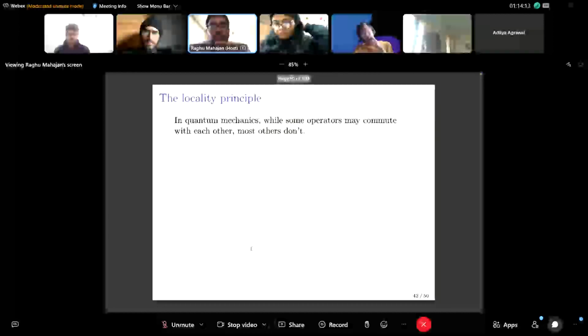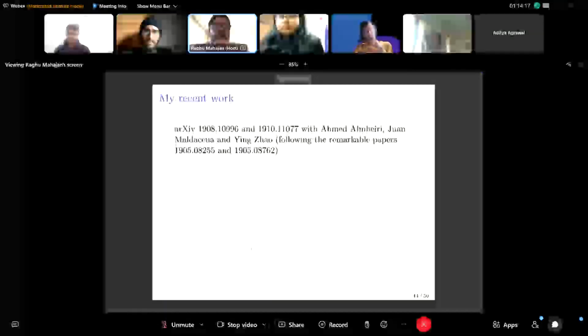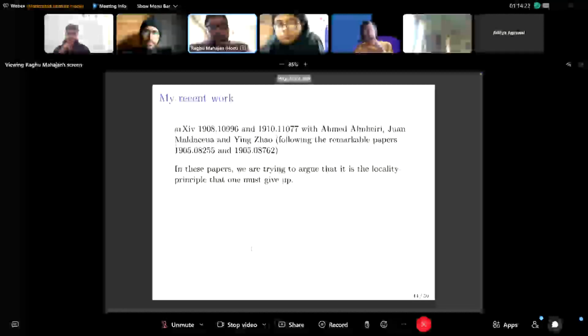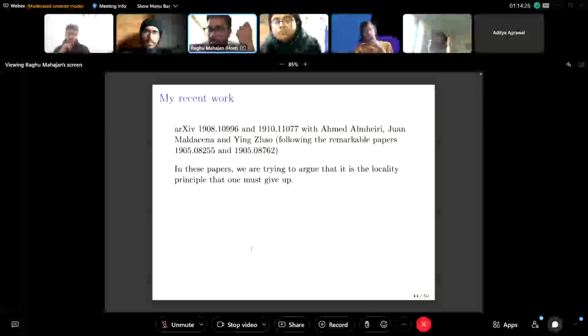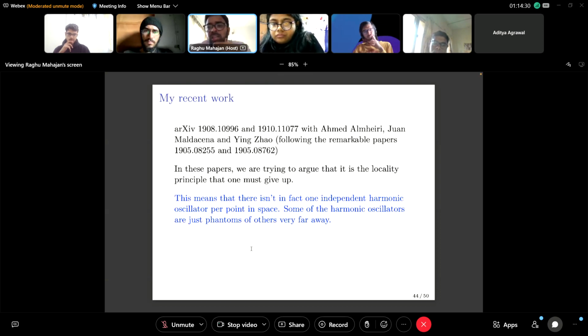Okay, so let me skip over this. In this work that we did in 2019, we basically said that it's the second thing that we must give up. That in the presence of a black hole, it is no longer true that each spatial point is an independent harmonic oscillator.